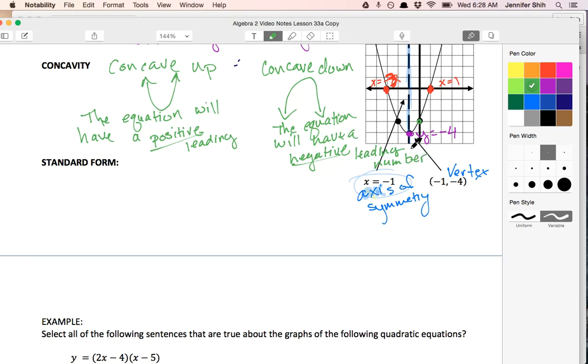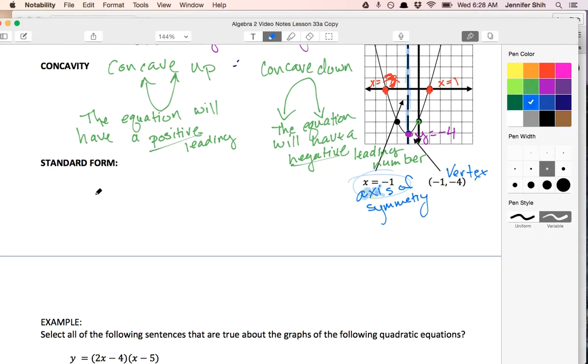And by leading number, you've actually seen this before, and it goes right into standard form. But here's standard form. We've seen it since the first day of school. y is equal to ax squared plus bx plus c. And if you are annotating your notes, I want you to write down in your notes, where else have we seen standard form? How else have we solved for it?